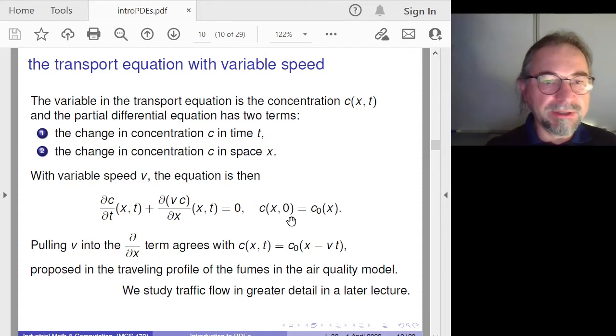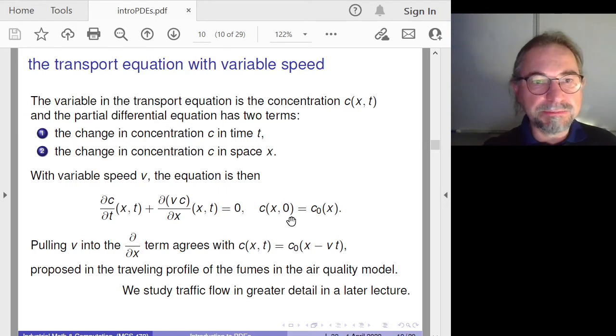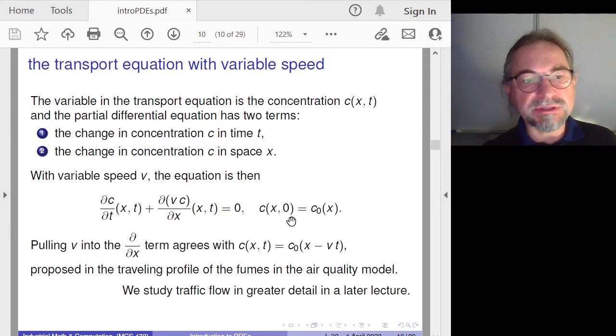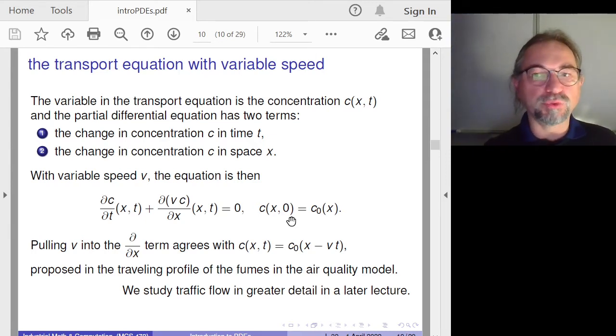Pulling the variable speed into the derivative with respect to x corresponds with this term. So at time equals 0, there is this initial concentration. Okay, so this is the modified transport equation, and we will use that equation in a later lecture.